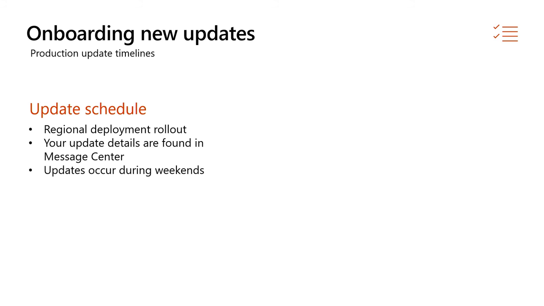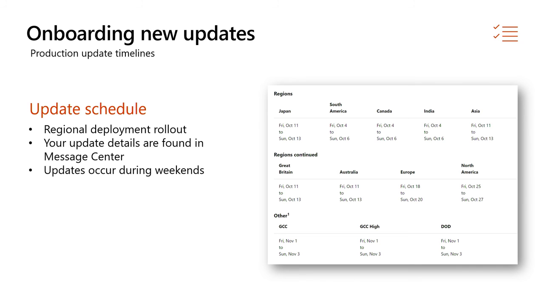We deploy by regions. So right now, if you're in Japan, the update should have been applied to your instance already. We do this over the weekend at off-peak times.